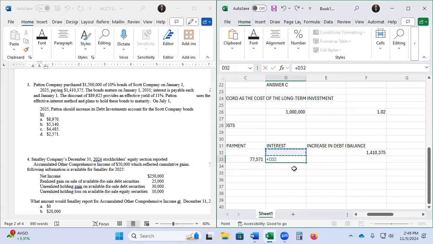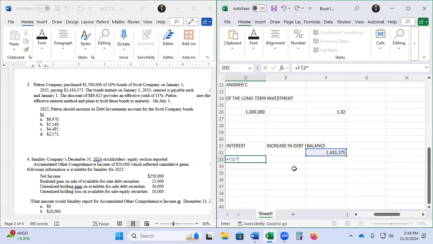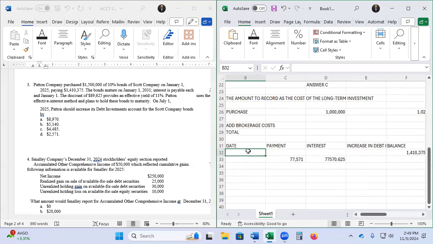Our interest, we take the 1.41 million and multiply it by 0.045. Oh, no, I'm sorry. 11, so 0.055. Sorry, this is the 1.5 million face value. Made a mistake on that. Times 0.11 divided by 2. I think I had too many zeros in there.